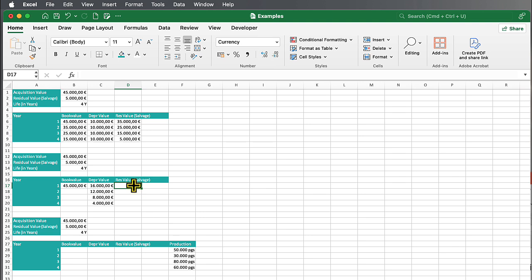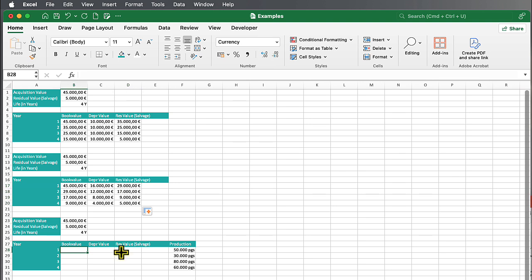We say this is our residual value. It's the difference between those two. And the starting value in the next year is always the value we have had in the last year. And if we move down in here, again, you can see we end up with 5,000. However, the book values and the depreciation values have changed in a different way.